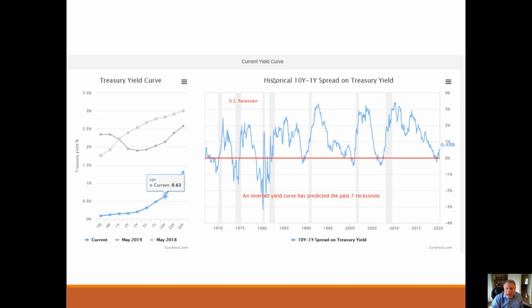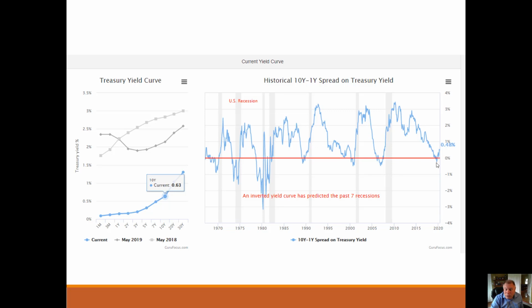We then look at what's the spread between a 10-year here and a 1 year. And it is a spread. This chart goes back to 1960, and it shows us what the difference between the 10-year and 1 year is. Whenever it has been negative, it has predicted a recession.